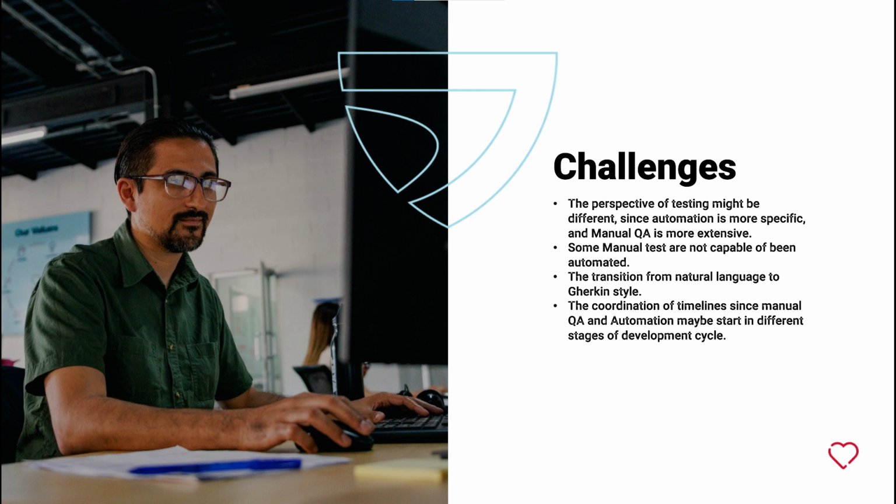But maybe QA is going to take a little bit longer because they need to create the test cases. They need to upload these test cases into a specific tool to manage test cases, or any kind of situations that manual QAs can have in front of them.